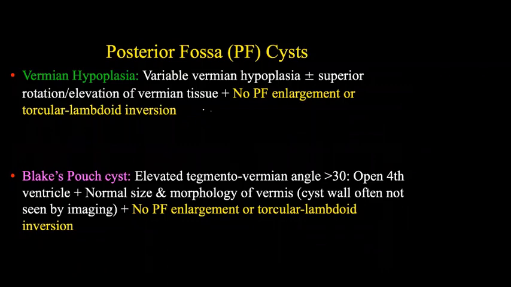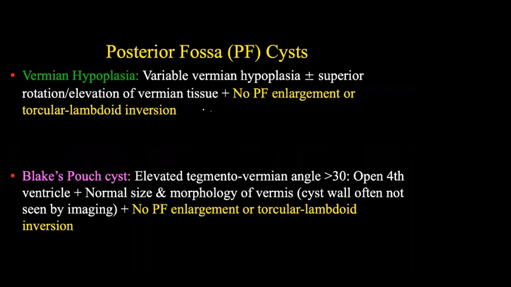Blake pouch cyst is an elevation or increase in the tegmentovermian angle. I will show you how we really measure the angle. Usually this angle is around 0 in a normal patient, but it will become more than 30 with a Blake pouch cyst. And mostly there is opening of the fourth ventricle with what looks like cystic dilatation.